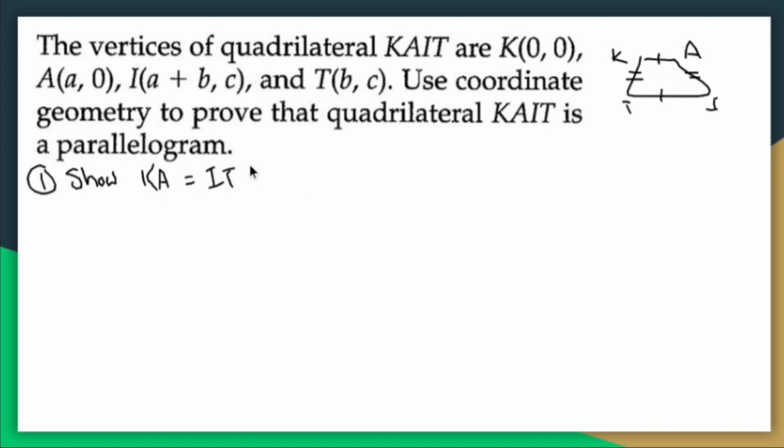So the way we do that is we use the distance formula. Okay, so let's write out the distance formula down here. The distance formula is the square root of x sub 2 minus x sub 1 squared plus y sub 2 minus y sub 1 squared.